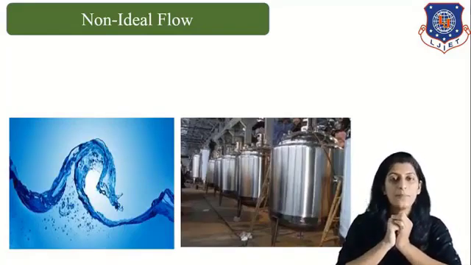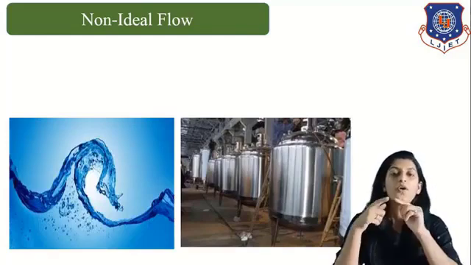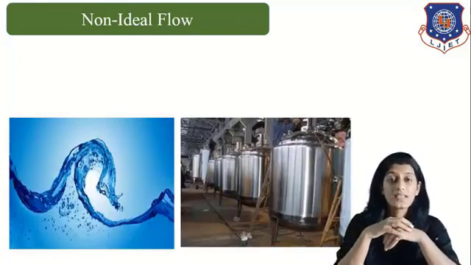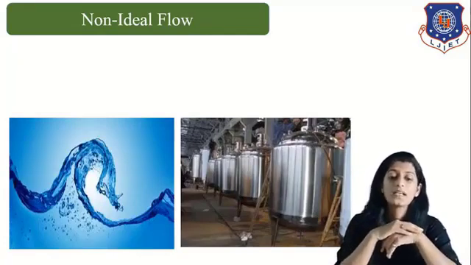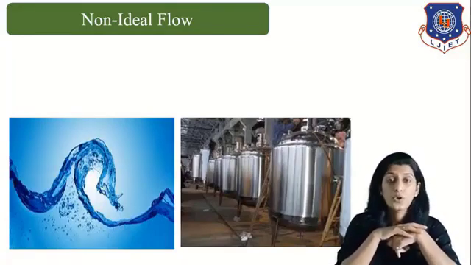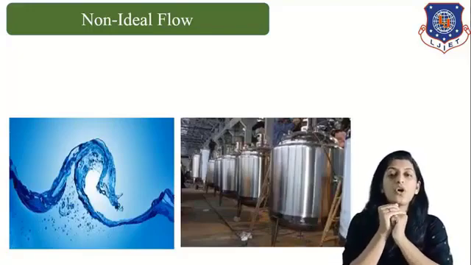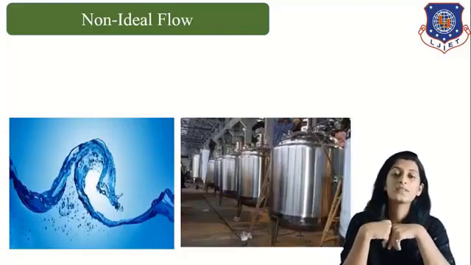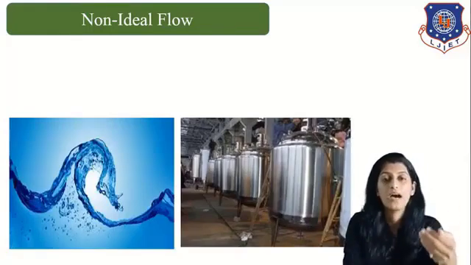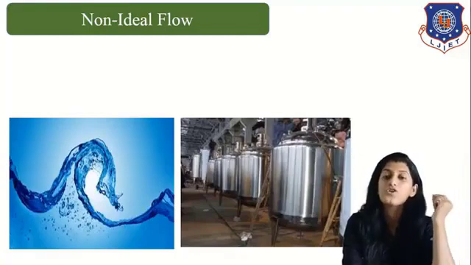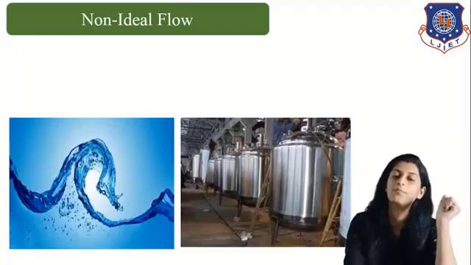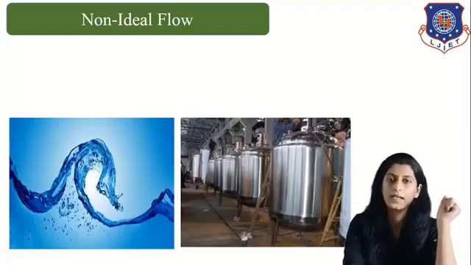In this particular chapter, we have already covered what is RTD, how to determine RTD, what is tracer, and what are the important characteristics of tracer which we must understand. Because if we do not know the characteristics of tracer and we use it to determine the performance of our reactor, it will surely interfere with the efficiency and hinder the performance of our reactor, correct?